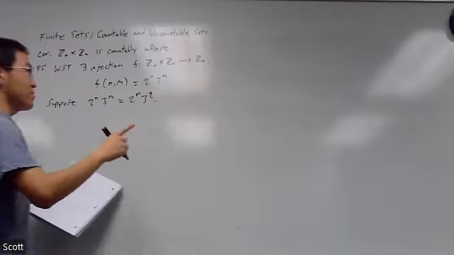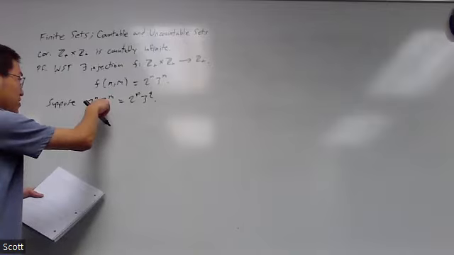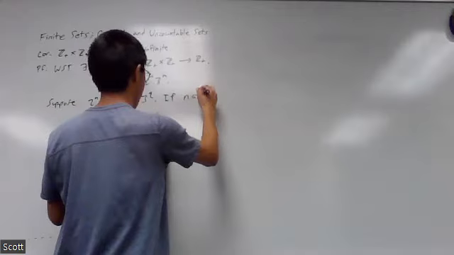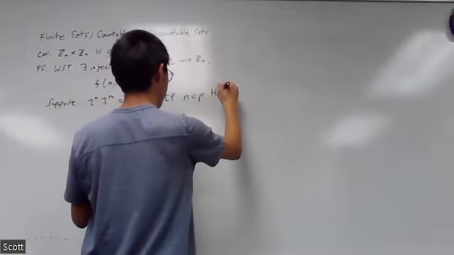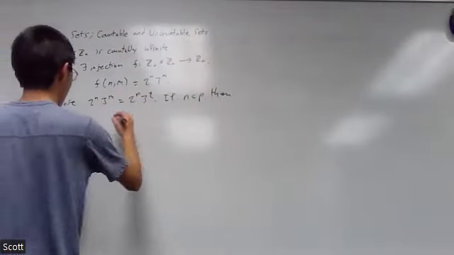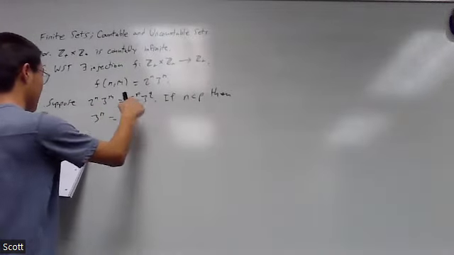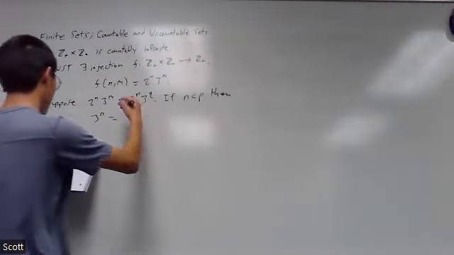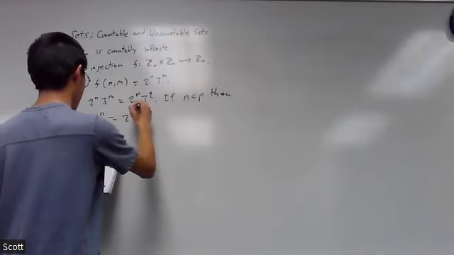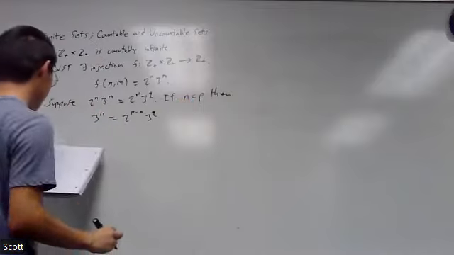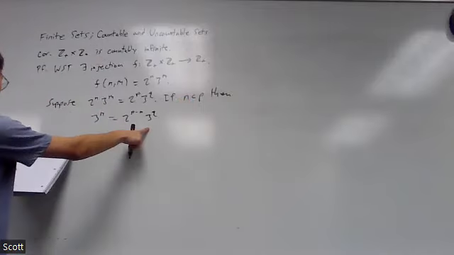It's kind of like proof by contradiction, so we're going to say they're different. If n is less than p, then we can move this over, and p minus n will be positive, so 2 to the p minus n equals 3 to the q. But this is a contradiction.